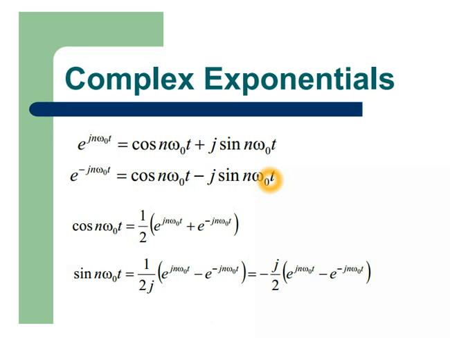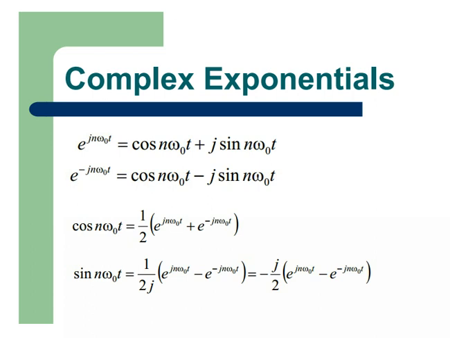Now, how do we represent this in complex form instead of using cosine and sine? We know from Euler's identity that e raised to j n omega 0 t is equal to cos n omega 0 t plus j sin n omega 0 t, and e raised to minus j n omega 0 t is equal to cos n omega 0 t minus j sin n omega 0 t.